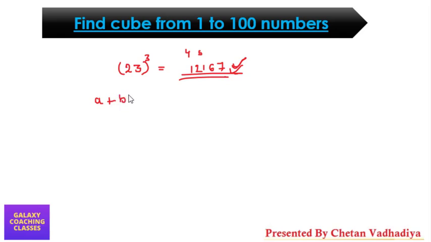A plus B whole cube will give you A cube plus 3A square B plus 3AB square plus B cube. With the help of this identity, I solved this 23 cube in just seconds, less than 30 seconds, I think. So you can check the timing also, guys.